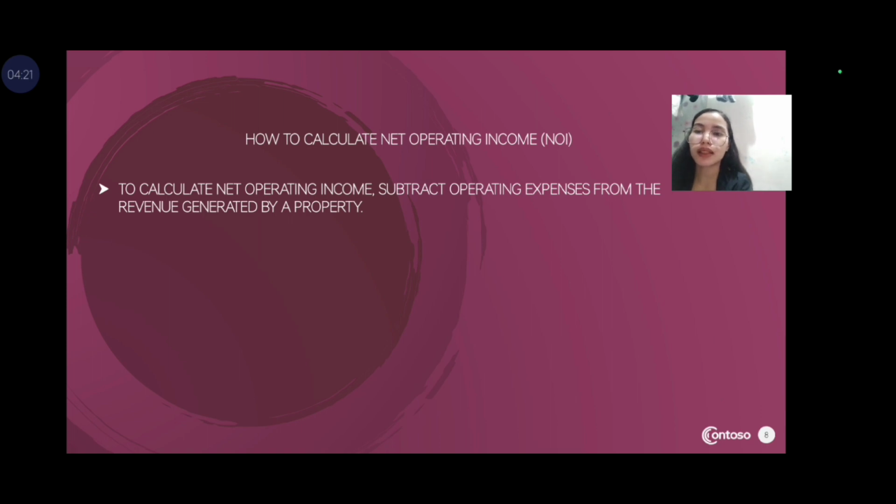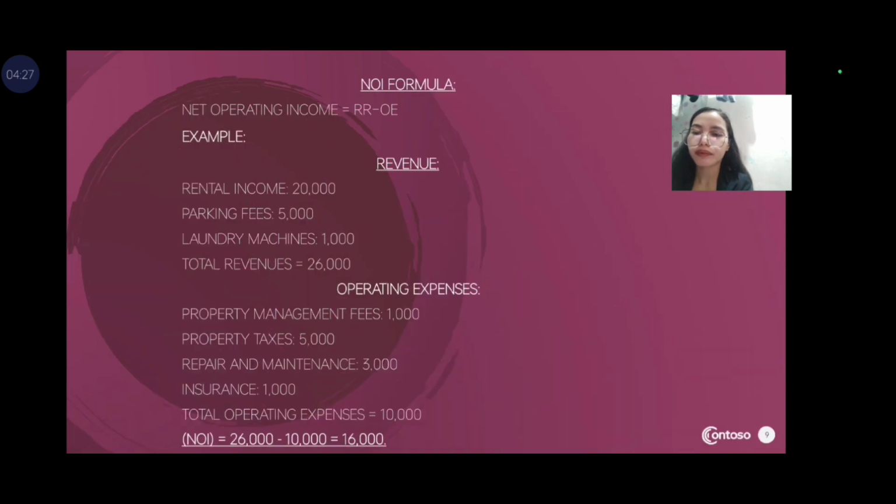To calculate net operating income, subtract operating expenses from the revenue generated by a property. So this is now the formula: net operating income equals RR, or the real estate revenue, minus OE, or the operating expenses.